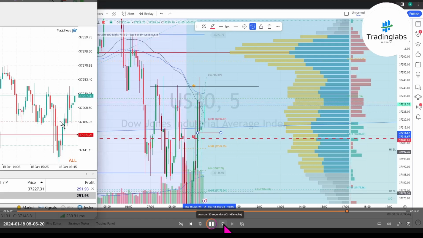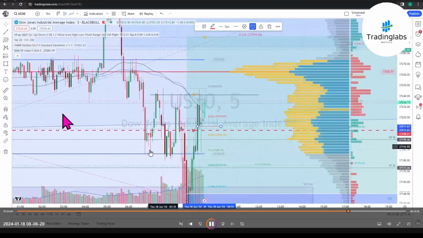I'm gonna forward there. This is M5 too. Securing profits below this swing low from this support.